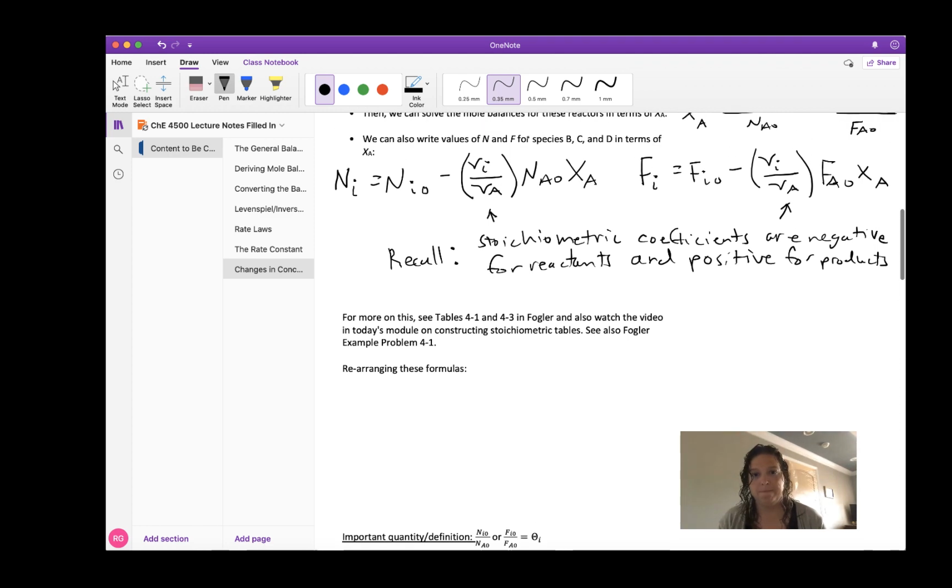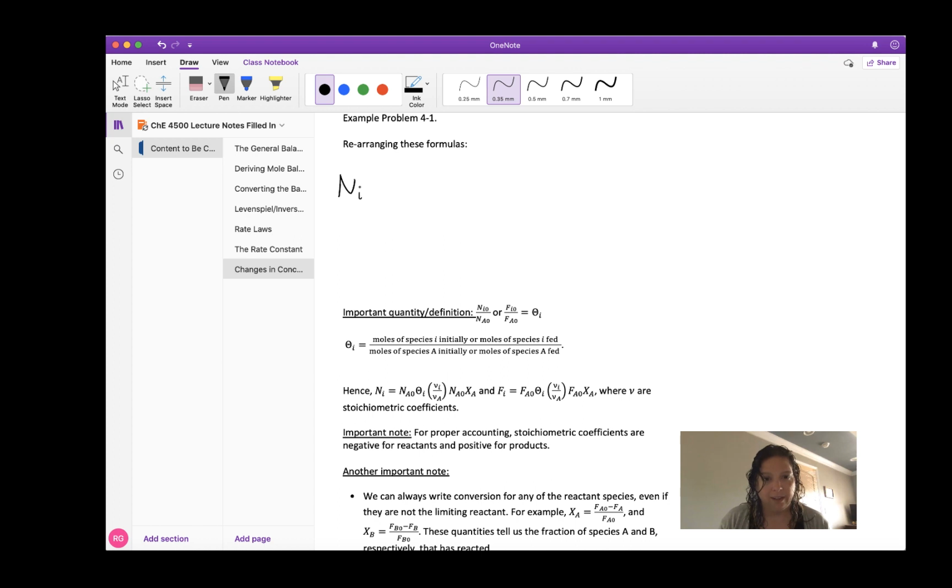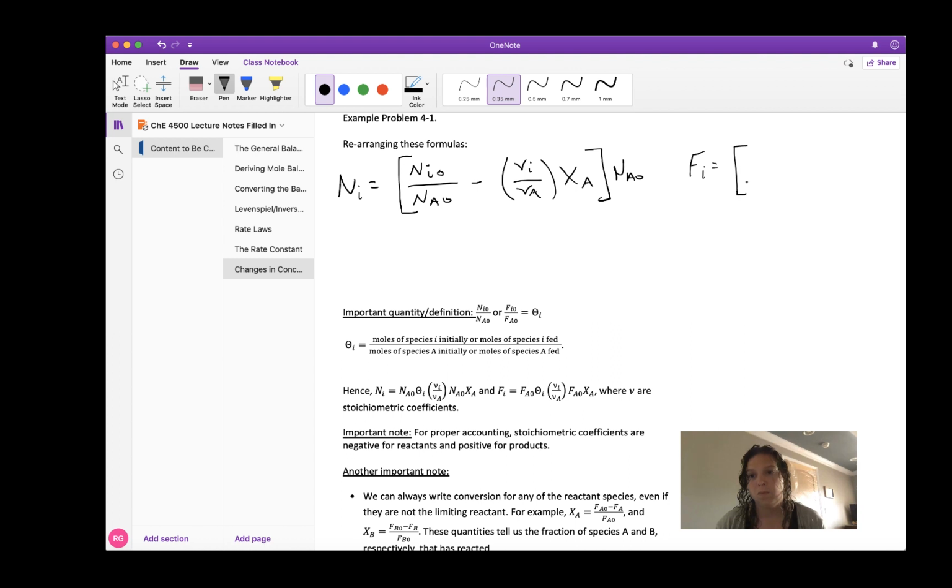So if I take these formulas and I rearrange them, I get on this side N_i is equal to this quantity here, and also here.